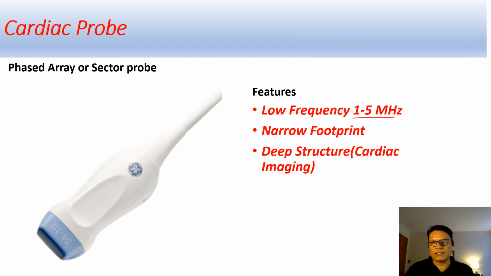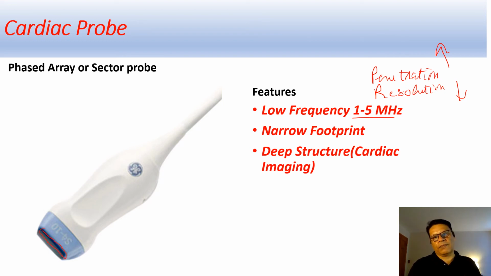Low frequency means that they have high penetration, but again, trading off with resolution. Resolution will be a little bit low. And if you see, the footprint is narrow, and it is used to see the deep structure.